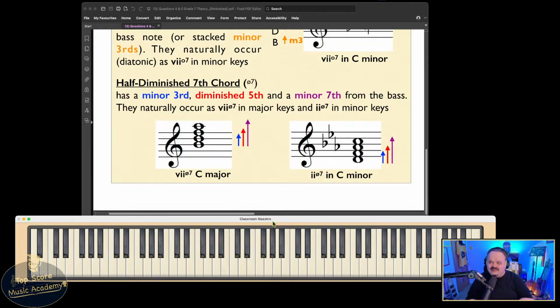Okay, same place, so you're going to see them in chord 7 in major keys. So you can either see your diatonic half diminished seventh chord or your chromatic fully diminished seventh chord. And the only difference to them is that one note. So they still want to go to the same place.